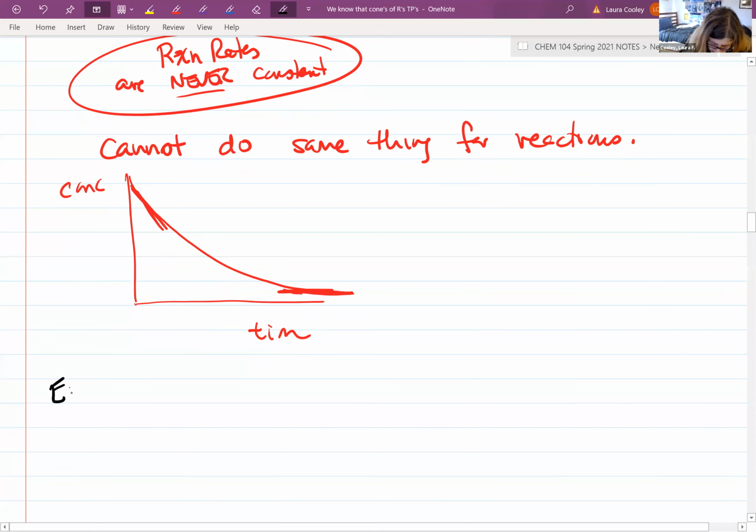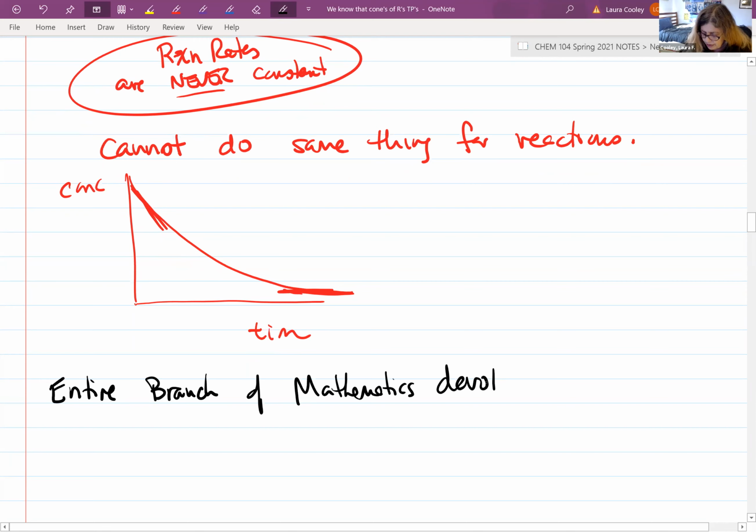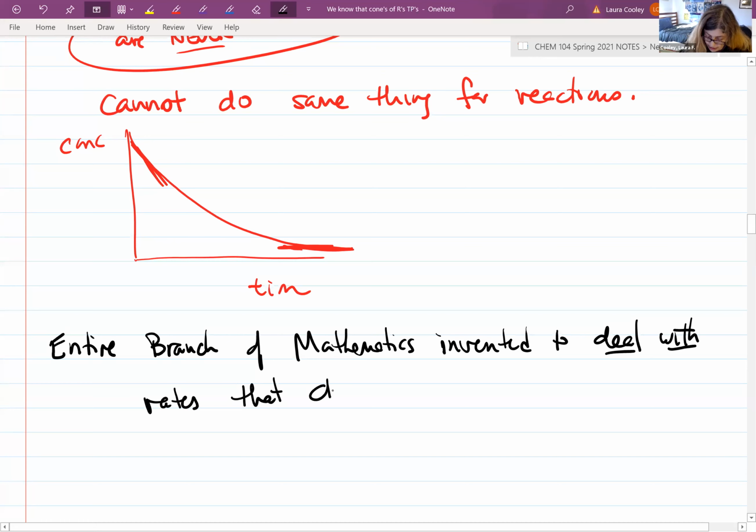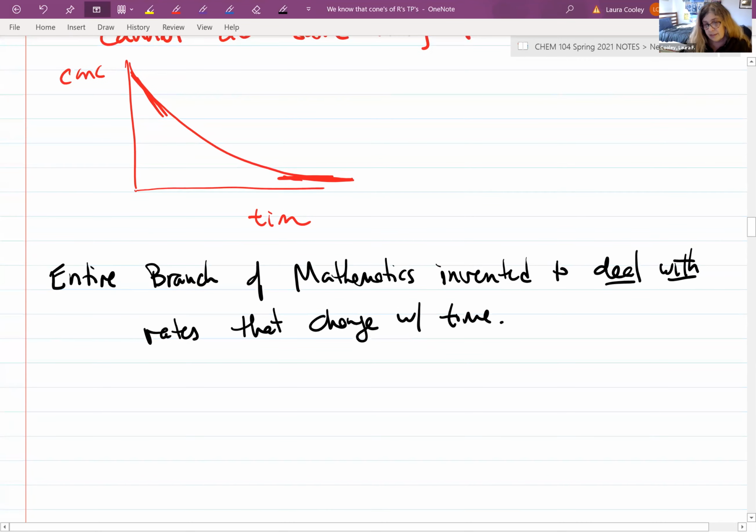It's not only devoted to that, but it was invented for this reason. Anybody know what that branch of mathematics is called?